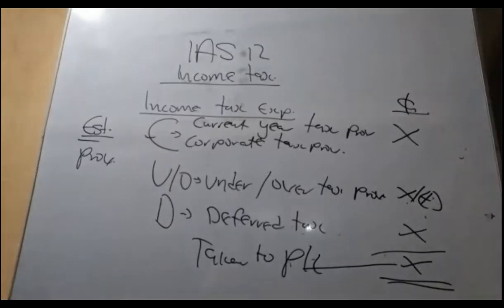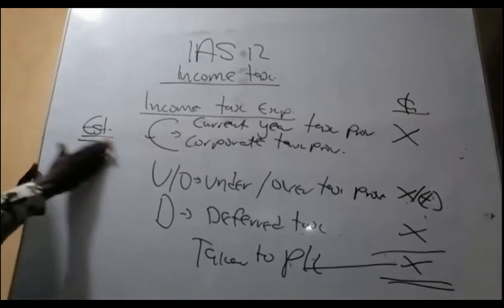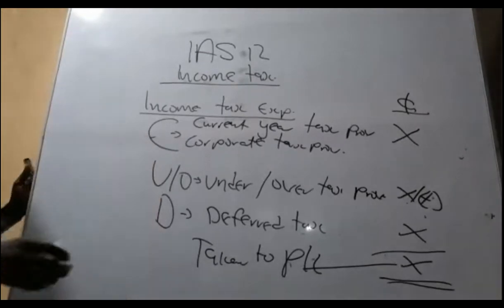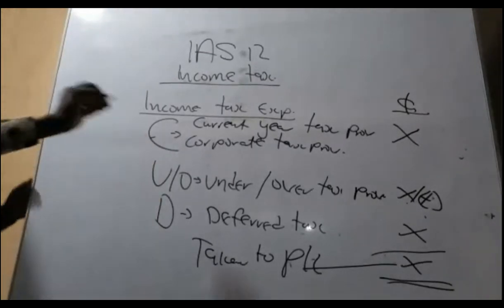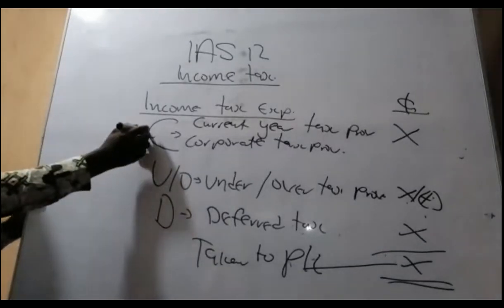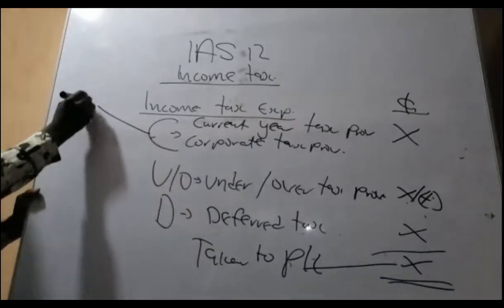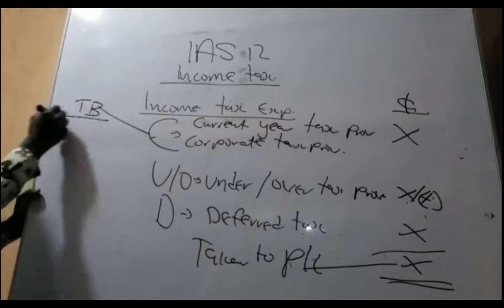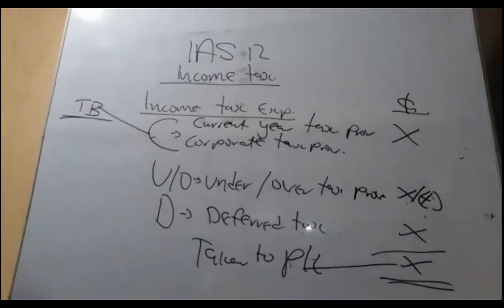So make a provision, and when they tell you your final tax, then you reconcile the difference. So now the issue is how. In financial statement preparation, there are two places in which they'll give you this figure. One, it has to be in a trial balance. If it's given to you in a trial balance, the name will change slightly.